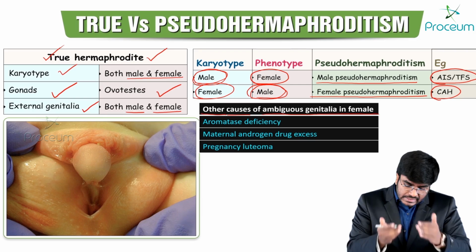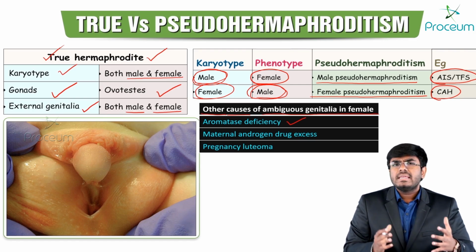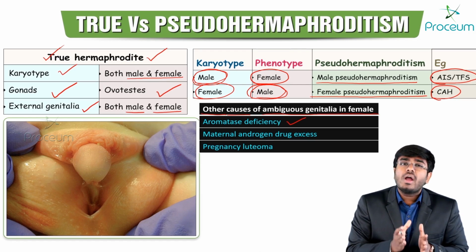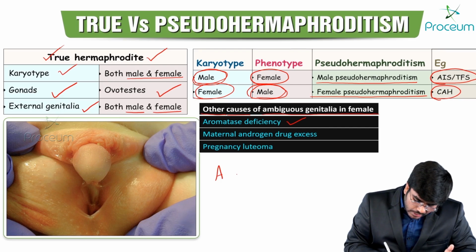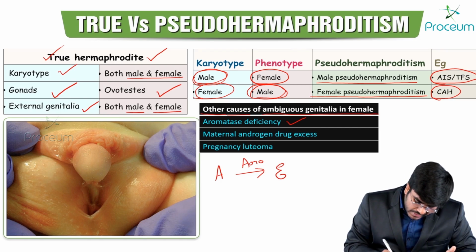But there are certain other conditions like aromatase enzyme deficiency. Imagine that in a female, if aromatase is not there, what will aromatase do? Aromatase is the enzyme converting androgens into estrogens.